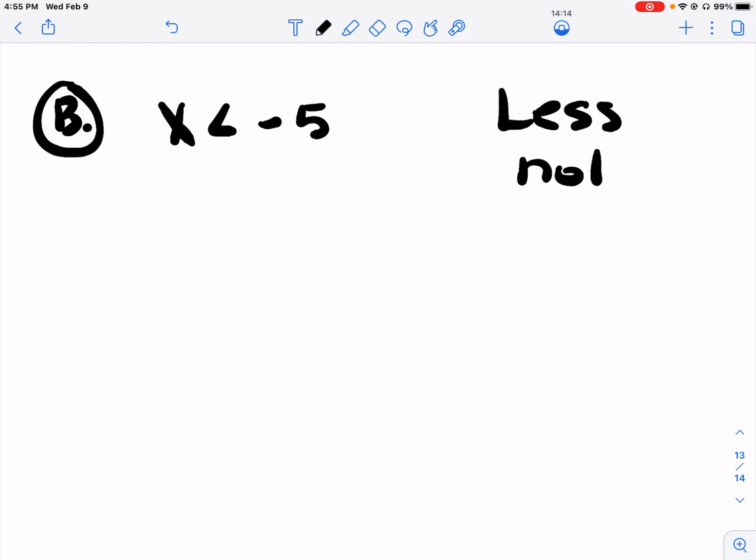Okay, still on number 14, part B. Less, it doesn't have the or equal to, so it's not included. So open circle and parentheses.